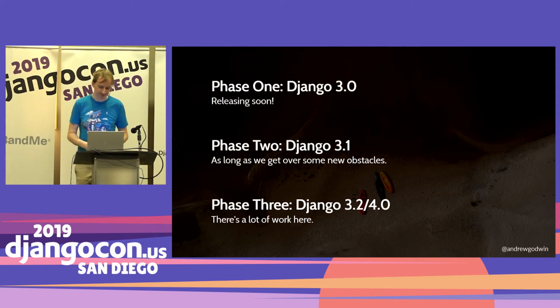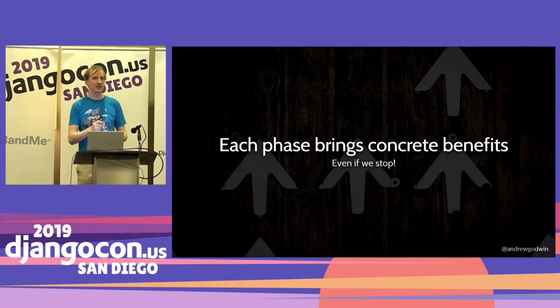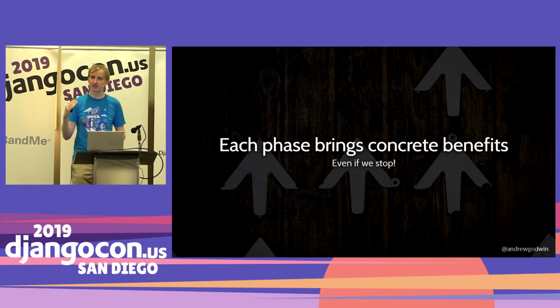The other key thing I've learned for big rewrites is you have to plan for failure. If you've seen some of my other talks about engineering, planning for failure is very important. Even if we cancel at any point of this project, we have concrete benefits. If we cancel after phase 1, which we haven't done, we still have the support for somebody else to come in in future and make part of Django async.